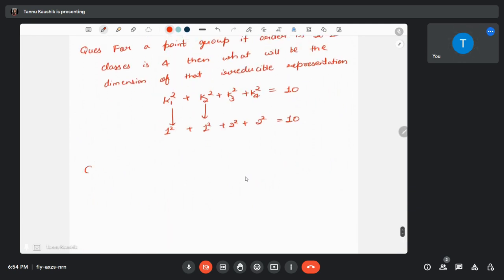Let us take one more question. Evaluate the number of one, two, and three-dimensional irreducible representations for the D3H point group.